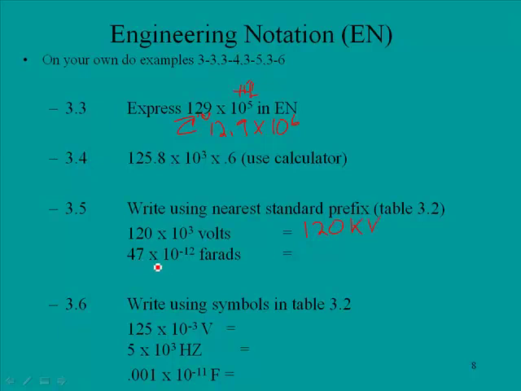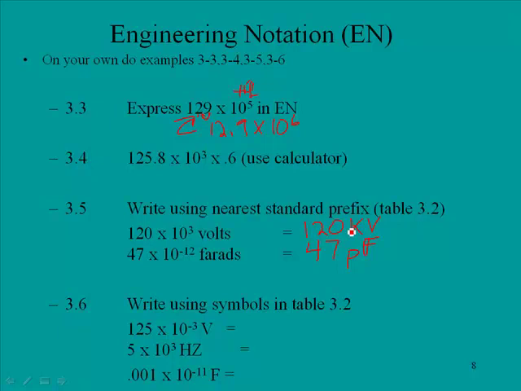Here we have 47 times 10 to the minus 12 farads. Now this is farads, has to do with capacitors, capacitance, and we would typically write that as 47, and minus 12 would be pico, and then we would say F for farads, or 47 picofarads.